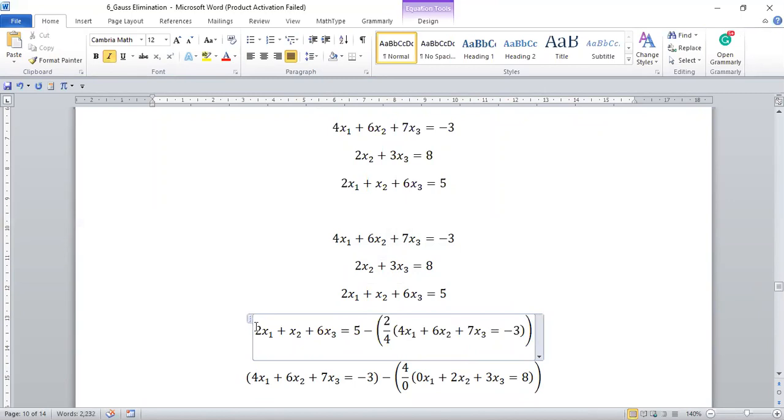When we do that, we are no longer having division by 0. So that's the strategy. It's called pivoting. So just interchange.